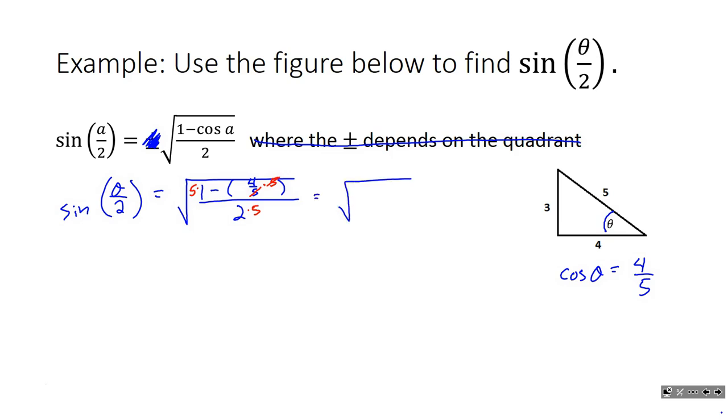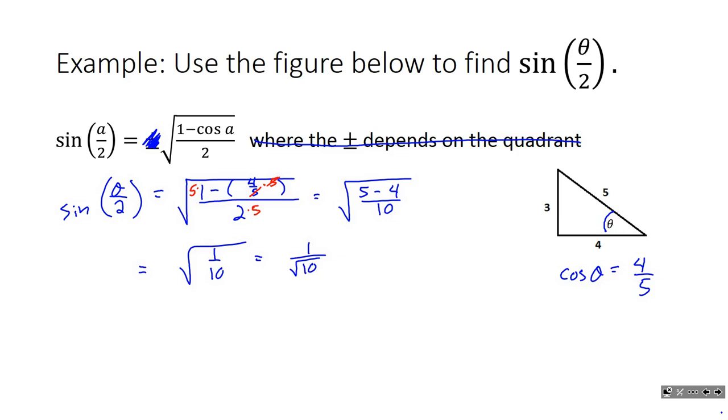We now have the square root, and 5 times 1 is 5. The fraction turned into a 4, and then we have 10 underneath, and so that's the square root of 1/10. The square root of 1 can be taken. The square root of 1 is just 1. Square root of 10 can't be taken. It can be approximated with the calculator.